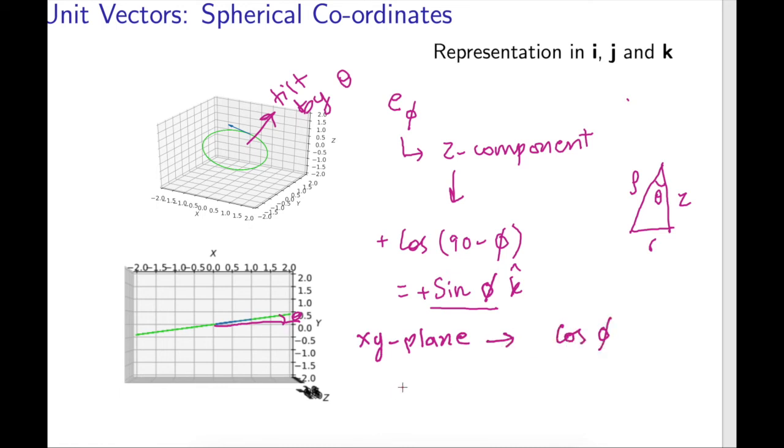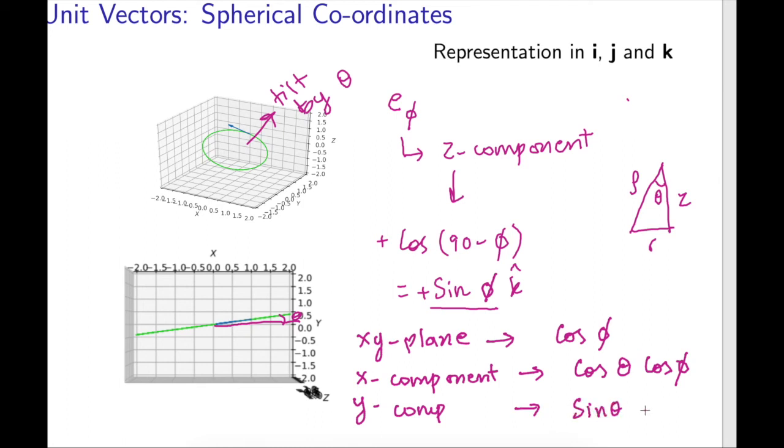Okay, and then the x component is just cosine of theta cosine of phi, and the y component is equal to sine of theta cosine of phi.